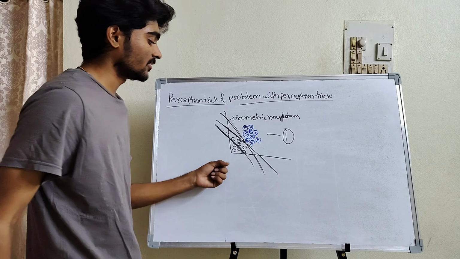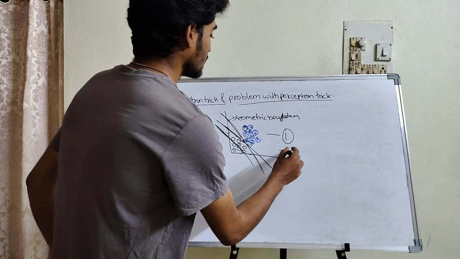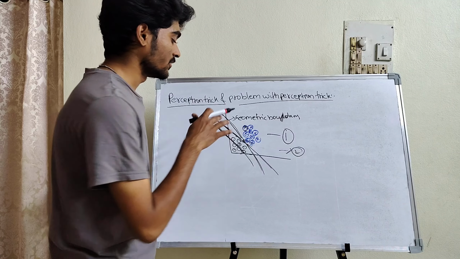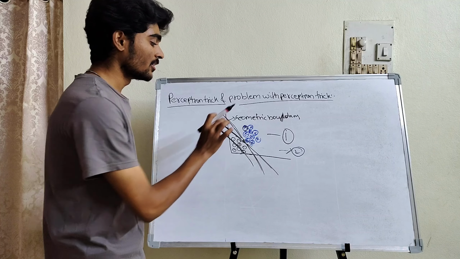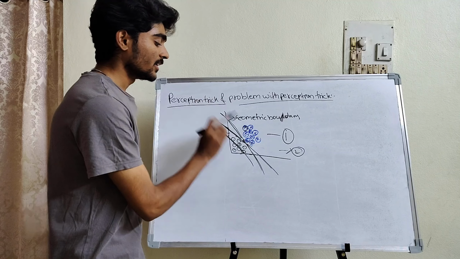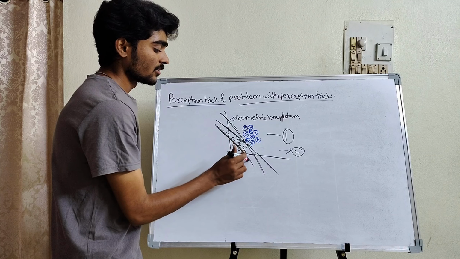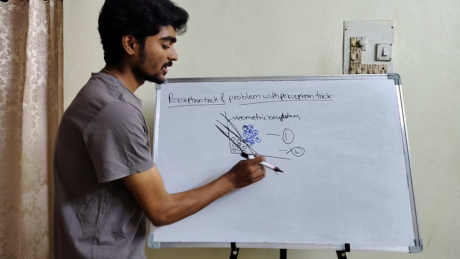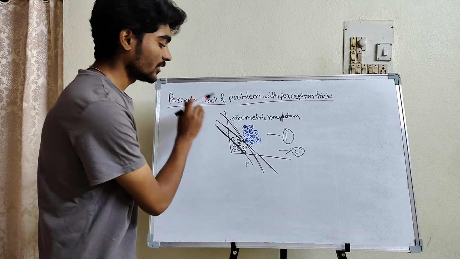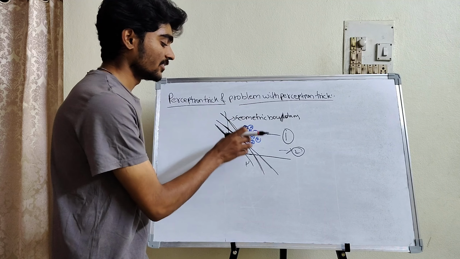Okay, this is the second problem of our perceptron trick. The first problem is when you have a number of best fit lines, you cannot determine which is the best fit line. The second problem is when you choose a correctly classified data point each time for altering your best fit line to be a geometrical boundary, your line never gets moved, and you have that misclassified data as it is.